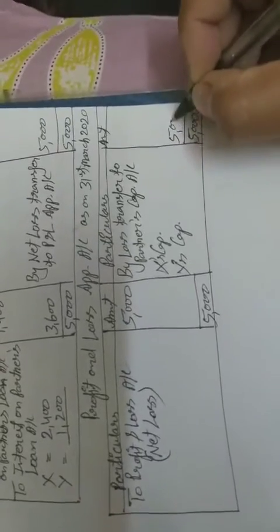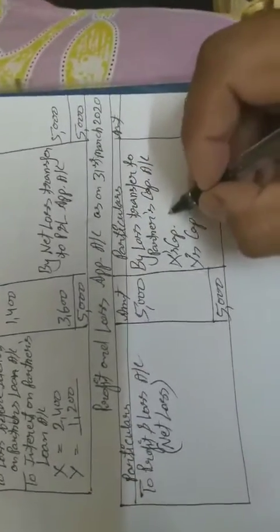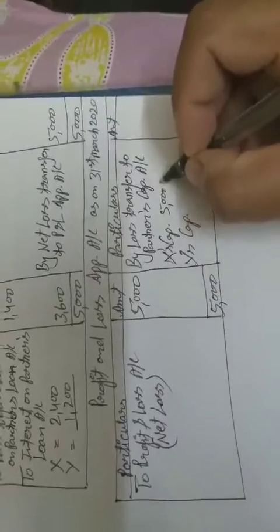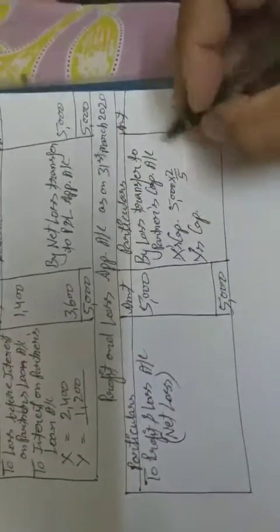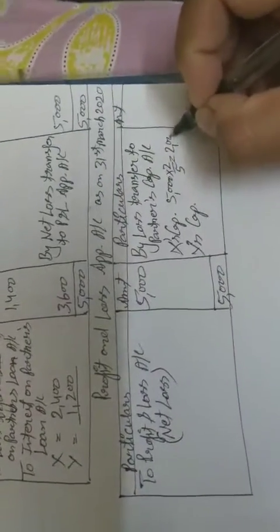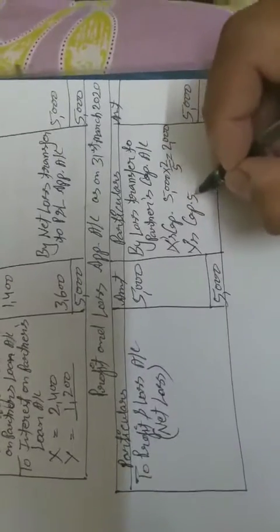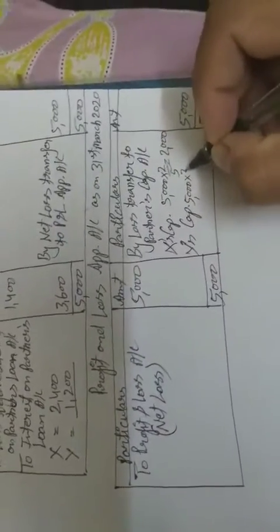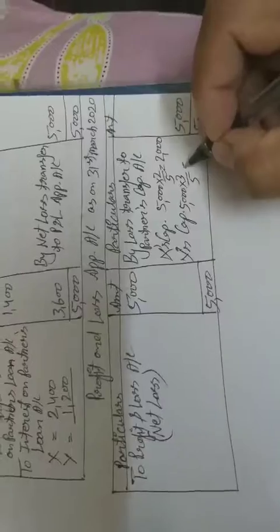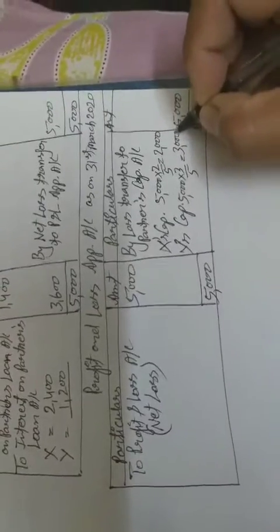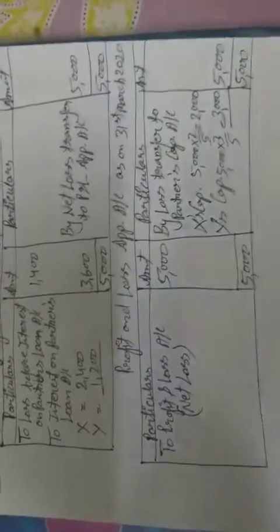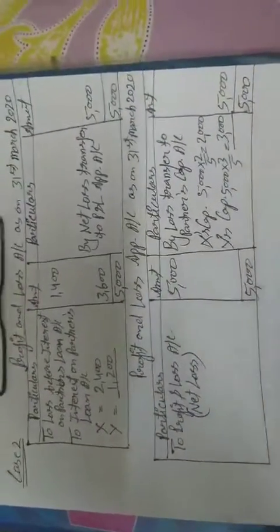The balance is 5,000. So how is this balance distributed? 5,000 multiplied by 2 by 5, so 2,000 for X, and 5,000 multiplied by 3 by 5, so 3,000 for Y. So this loss will also be distributed among the partners. This is case second, and the other one is case first.